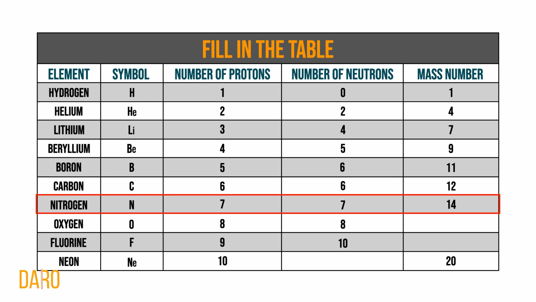Number of protons for nitrogen is 14 minus 7, which equals 7. Mass number for oxygen is 8 plus 8, which gives us 16. Mass number for fluorine is 9 plus 10, which is 19. Number of neutrons for neon is 20 minus 10, equaling 10.